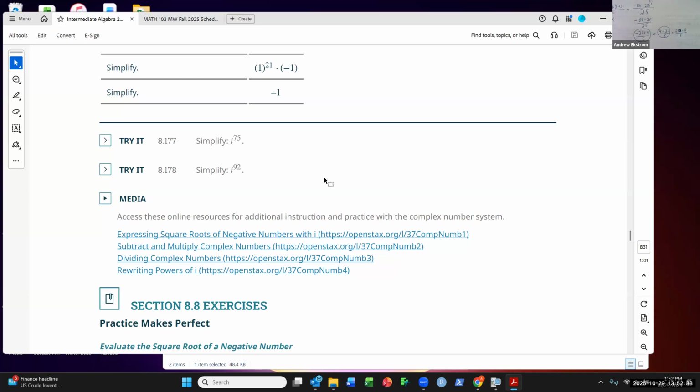Yeah. Is 74 divisible by 4? No. So it's divisible by 2. So i^74 is negative 1 times i. That's horrible, isn't it?